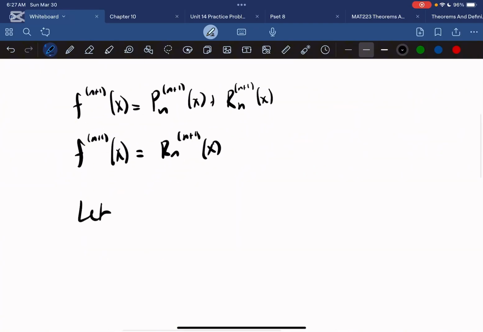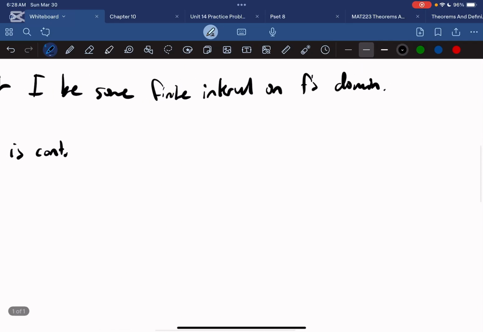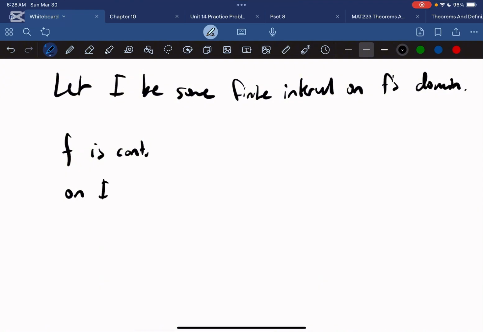First, let I be some finite interval on F's domain, yeah? We know F is continuous, right? So this is great. But this means on I, F has a min and max, yeah?